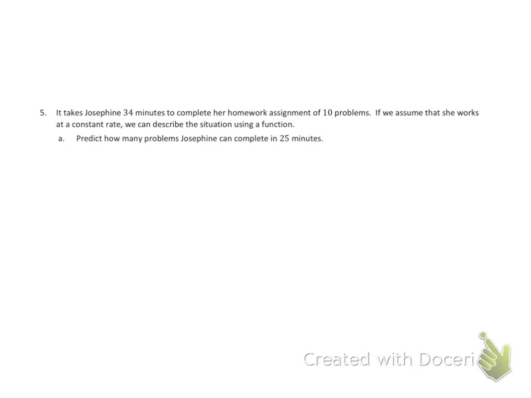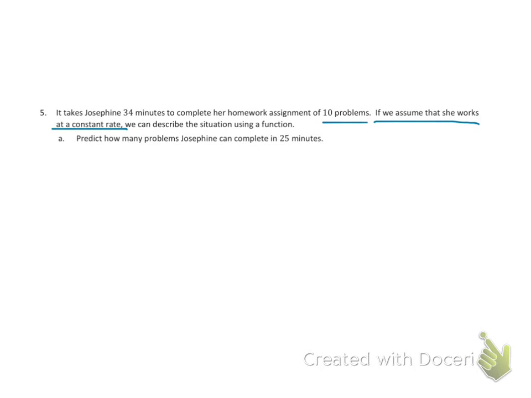So here we're going to go ahead and assume a constant rate of work. As you know from doing homework, it probably isn't a constant rate. Not every problem takes the same amount of time. But on average, in this situation, we're going to say that we can assume a constant rate.